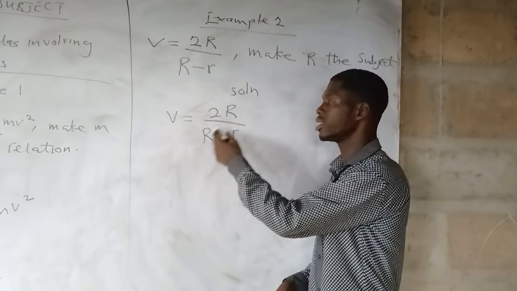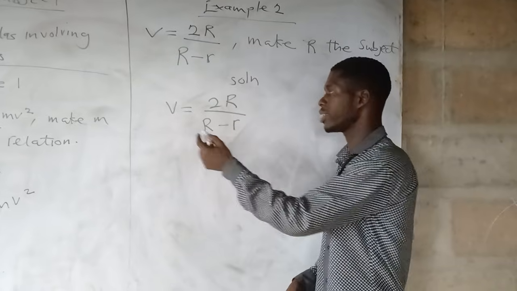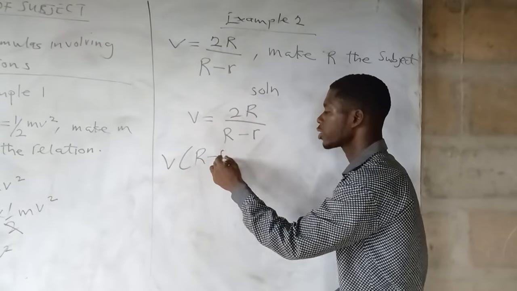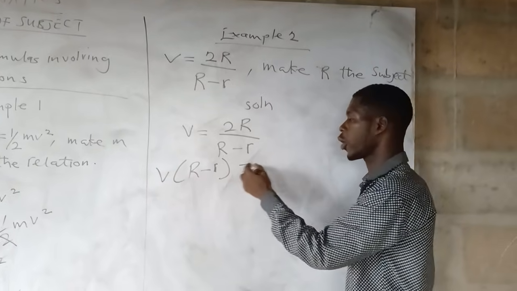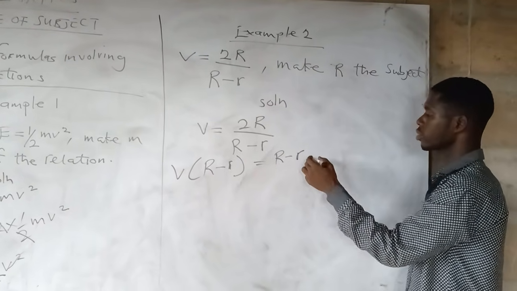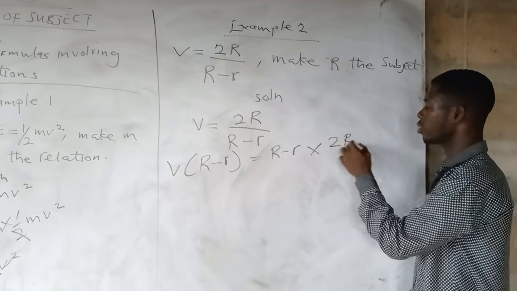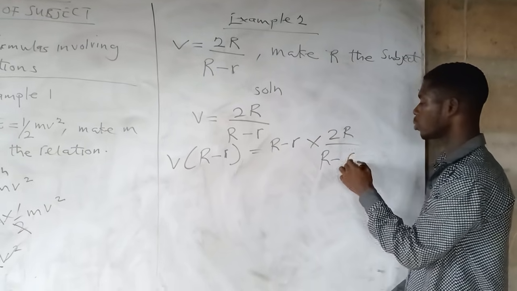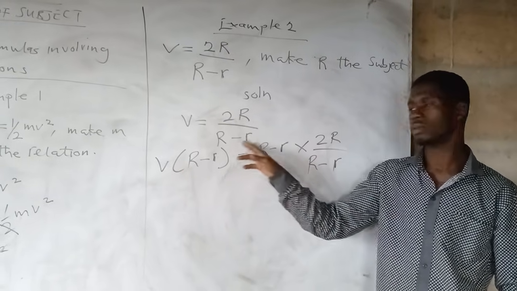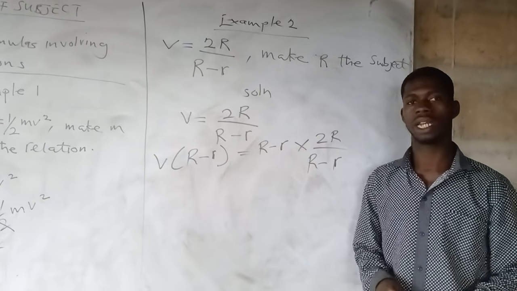So we multiply by R minus small r at the left hand side, equal to multiplying 2R over R minus small r. You want to eliminate the denominator.